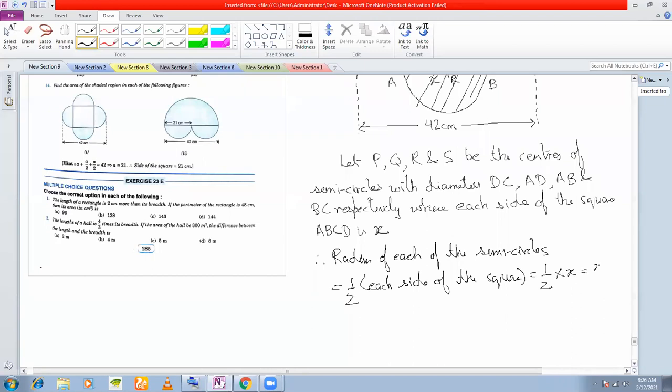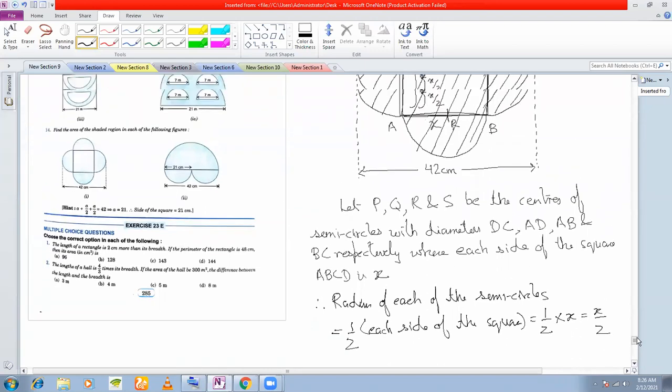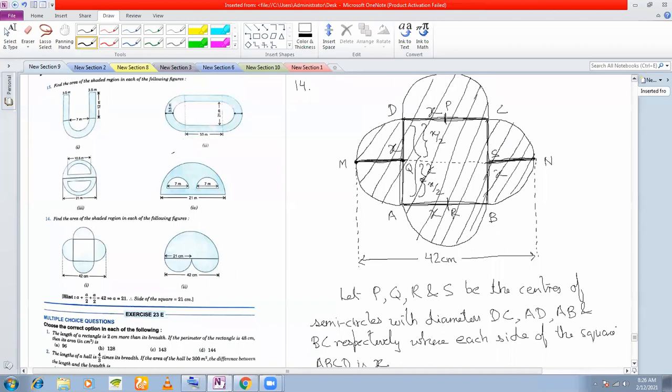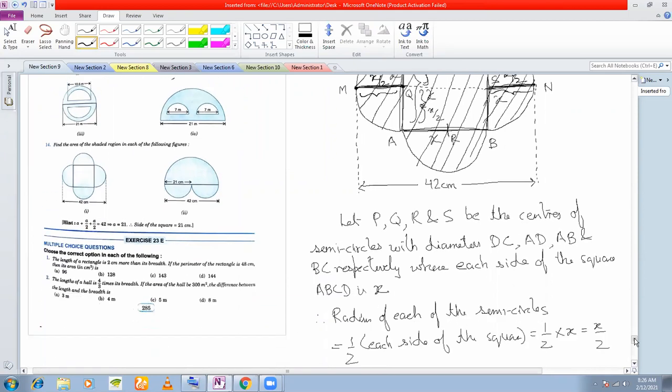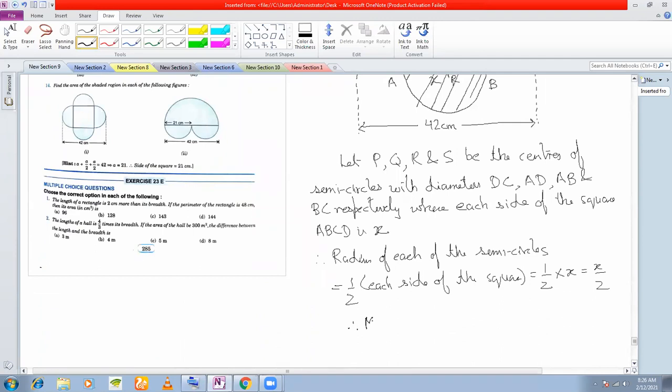It is x. So therefore, the radius of each semicircle is x by 2. Fine. So now, if this radius here is x by 2, then this length must also be x by 2. Similarly, this length must also be x by 2. So we'll write therefore MQ, this length, and SN, are both x by 2. So MQ is equal to SN is equal to x by 2.